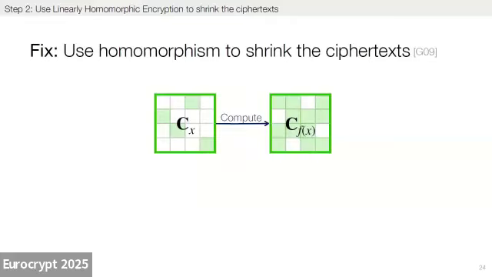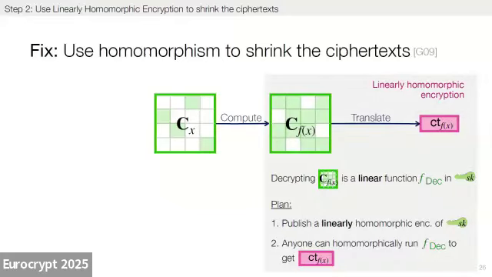And really what we would like is to give the server a mechanism to just shrink down this ciphertext. So we would be really happy if our server could take this large sparse LPN ciphertext and translate it to a compact ciphertext, say from a linearly homomorphic encryption scheme that encrypts the same value. And it turns out we can do this just with the observation that decrypting our sparse LPN ciphertext is a linear function in the secret key.